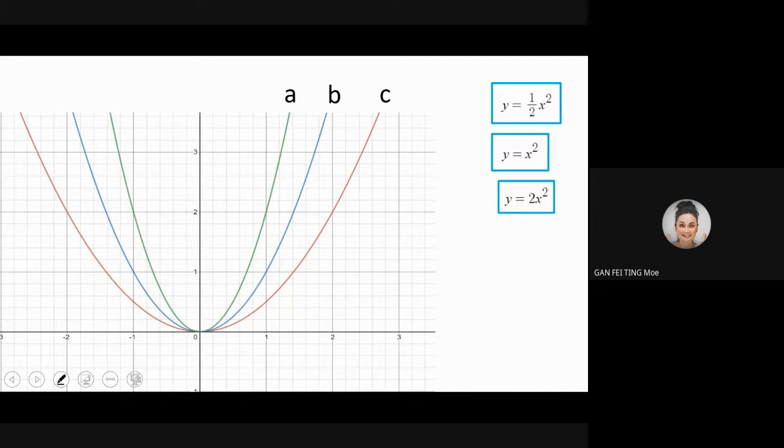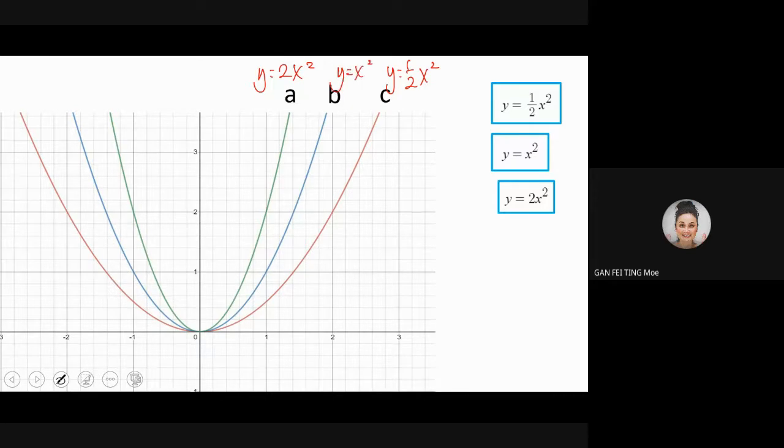A is the first one, the second one, C is half. Okay, means that you are talking about this. A is 2, you say that this is y equals 2x squared. Is that what you meant? And C is half, y equals 1 over 2x squared. Therefore, B is this one, y equals x squared.